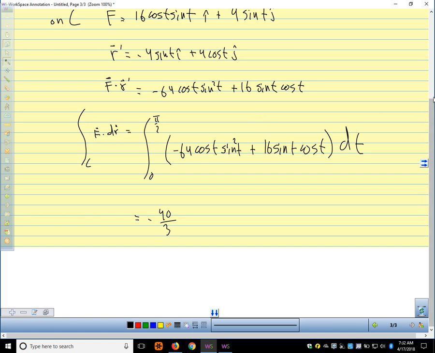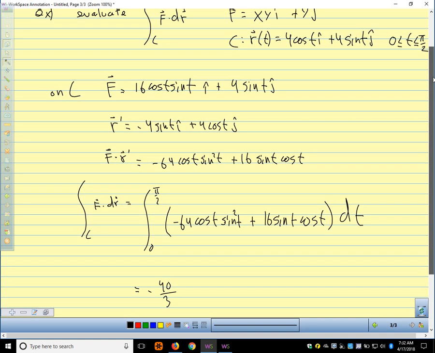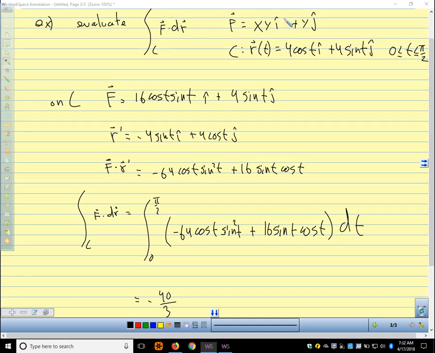So we can interpret this as the work done by this force on a particle moving around this quarter circle. So it does minus 40 thirds units of work as the particle moves around that.